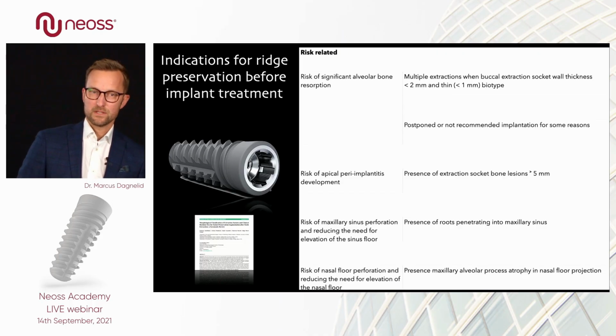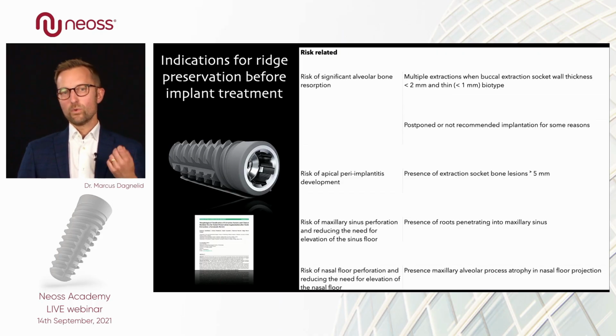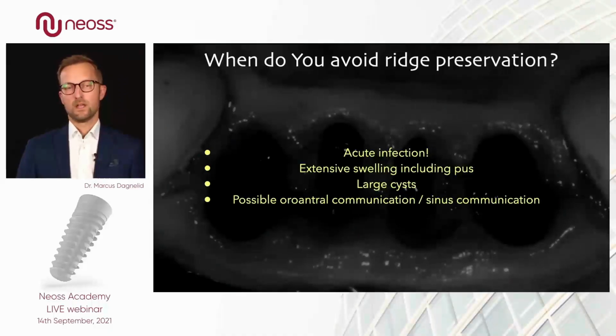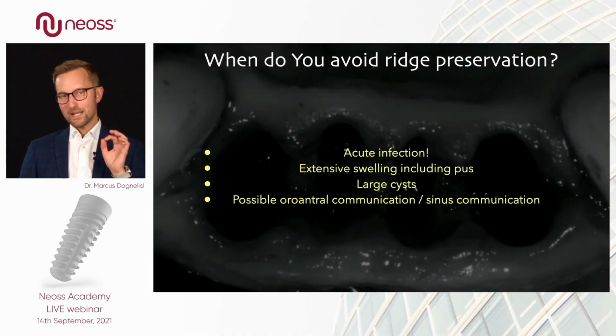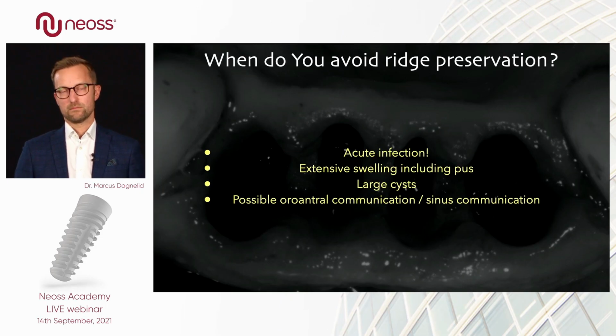So I think that you're getting the message here. It's not only the implant patient, but it's any type of patient where you actually extract the tooth. That's the important message. Of course, it can be clinical situations where you avoid ridge preservation.